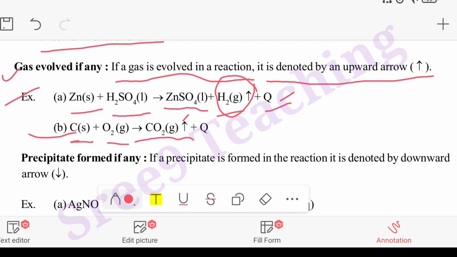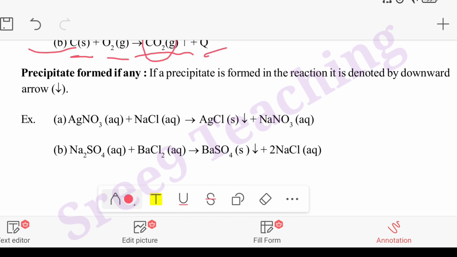See here the arrow mark is written in the upward direction. It means CO2 is a gas. Plus Q means heat is liberated. So from this concept we understand that in a reaction, if gas is liberated, we write an arrow mark upwards to show that the gas is liberated.